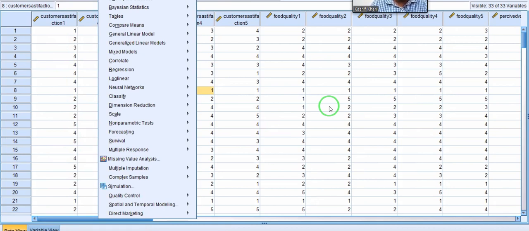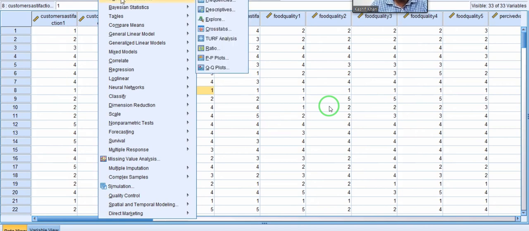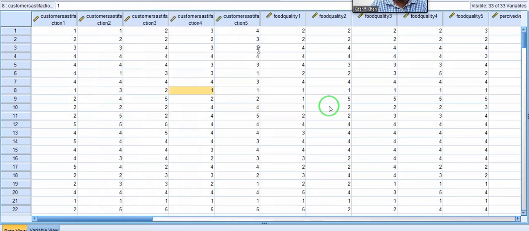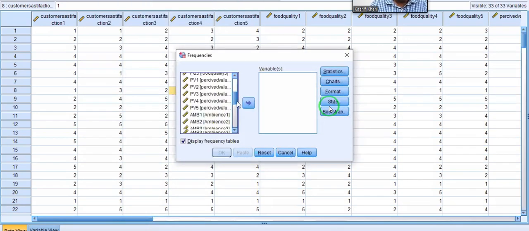For the screening, let's go to Analyze, Descriptive, and Frequency. I hope you all are able to follow me. Analyze, Descriptive, and Frequency. Now, how many variables do I have? These are extra variables, I won't care about them for now.